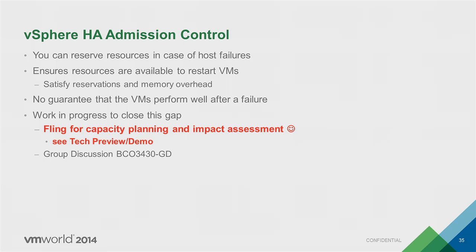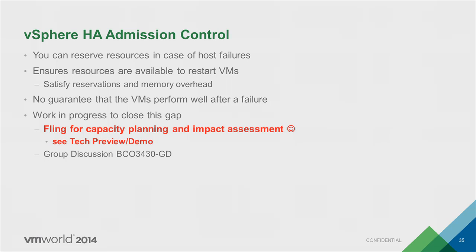Admission control is used to reserve some resources, so that in case of failures, there is enough capacity available to fail over or to restart the VMs. Though you have enough capacity to restart the VMs, it is not always guaranteed that they'll be performing at an optimal level.